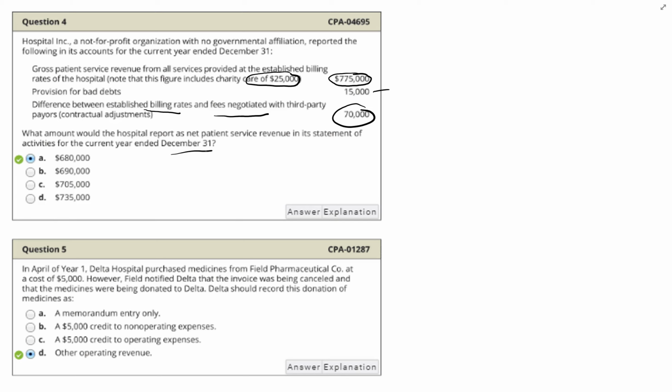This is the provision for bad debt, which is an expense, and they also show an account which is allowance for uncollectible amounts. These uncollectible amounts will be used to adjust their accounts receivable. But when they record their service revenue, they will record it without considering this doubtful or bad debt part.